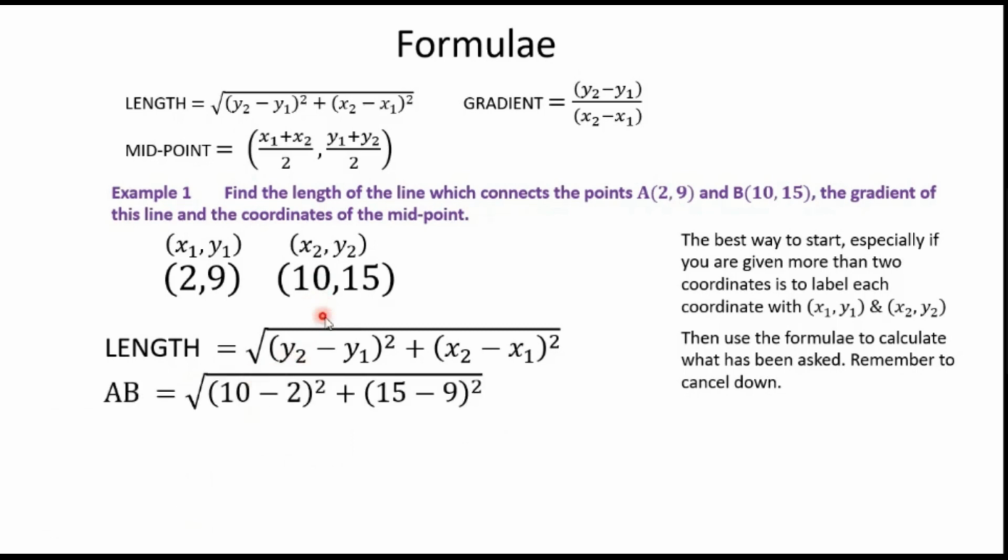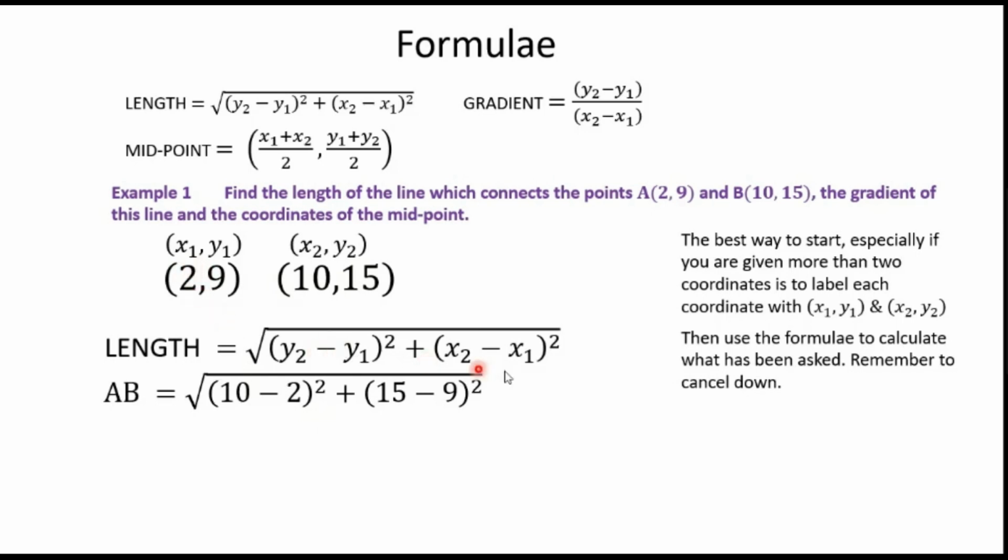Y2 is, well, these are not labeled the way we would want to. So let's look at it. Y2 is 15 and Y1 is 9. X2 is 10 and X1 is 2.